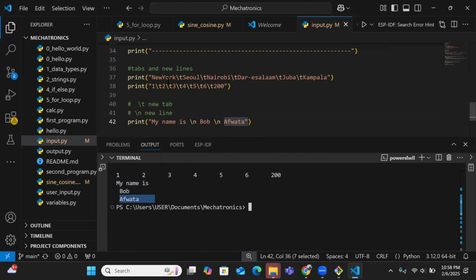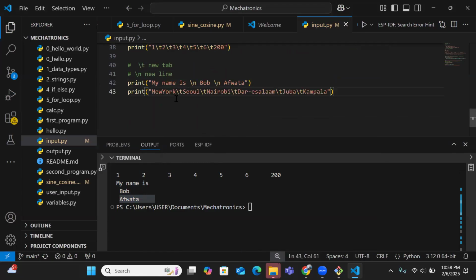Even if we had here New York, Seoul, Nairobi, if you copy this, New York, and then \t, you replace it with \n. You just copy what you had, \n, Dar es Salaam, \n, Juba, \n.